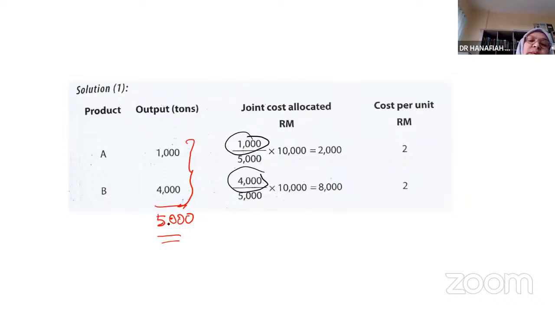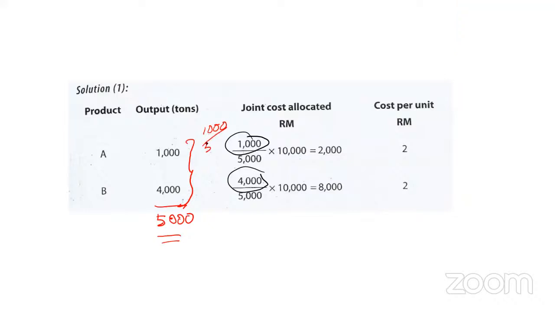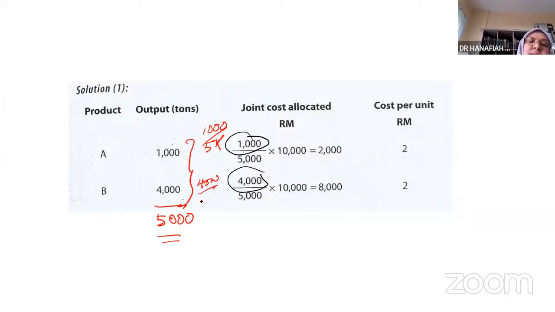So here, it is 1,000 divided by 5,000 for A, and 4,000 divided by 5,000 for B, times the joint cost.